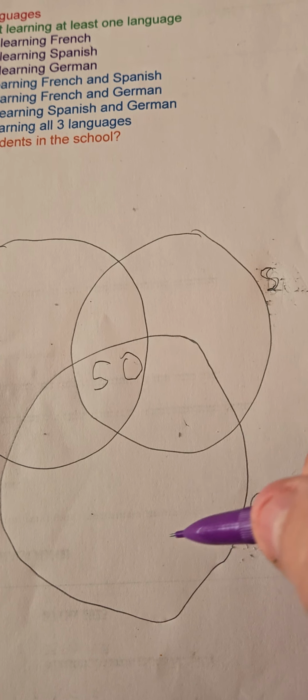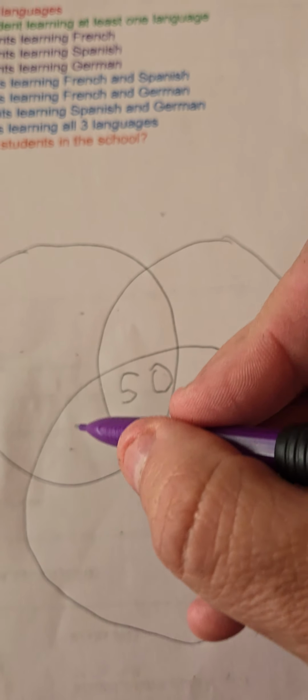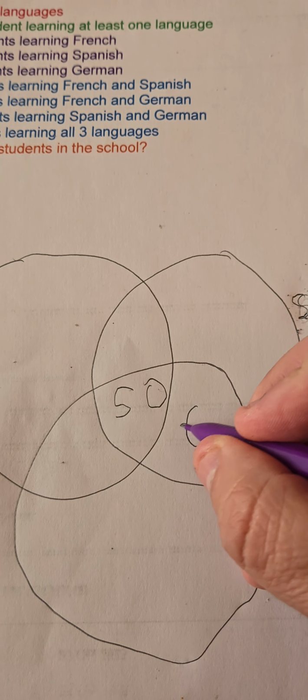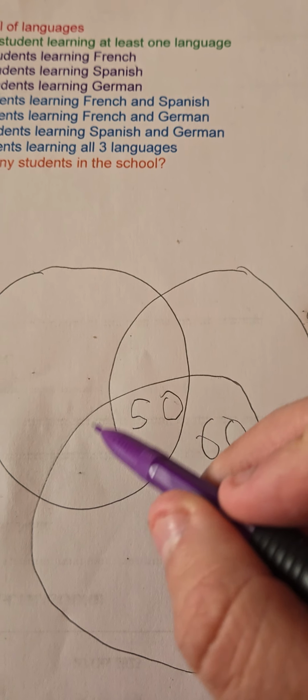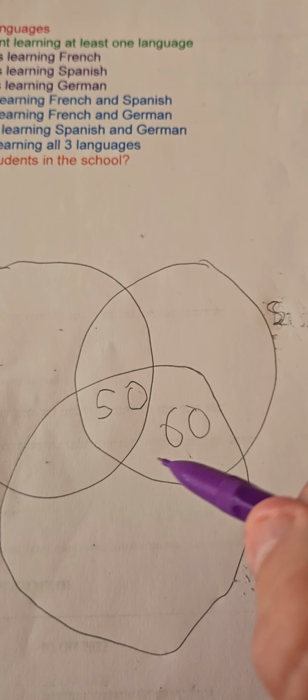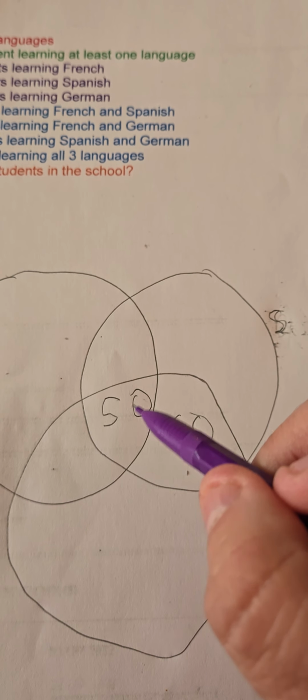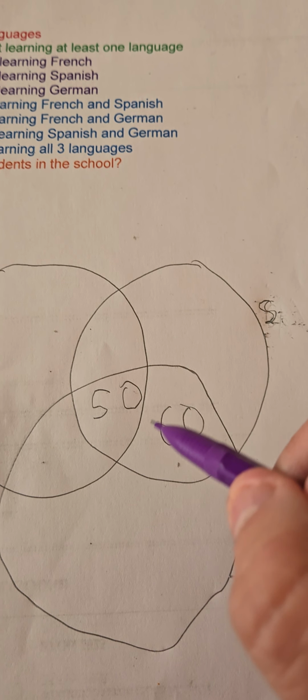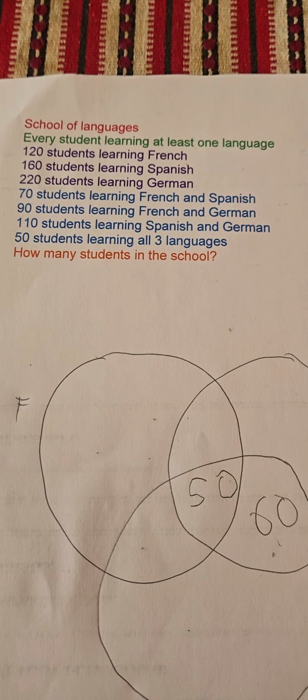There's Spanish, there's German. It says 110, which means if there's 50 here, it's another 60 here. Because every Spanish and German includes some who are doing French as well. If this 50 are learning Spanish and German, we put 60 here to make it 110.